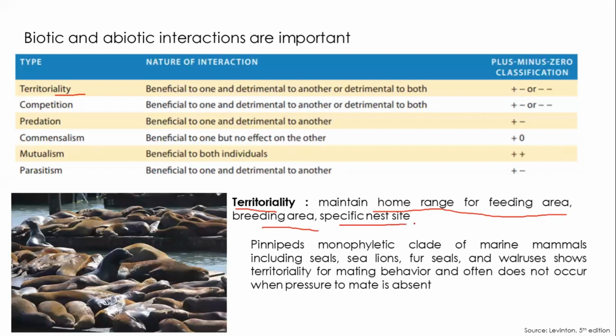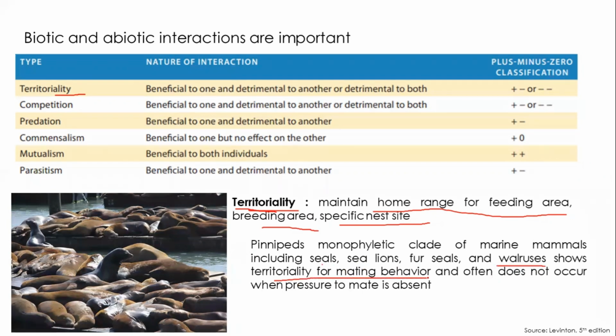Otherwise, there are birds who are very specific about their nest sites, so that can also be termed territoriality. In marine organisms, we generally do not see territoriality, except in some marine mammals, including seals, sea lions, fur seals, or walruses, which show territoriality mostly at the time of mating behavior, right?